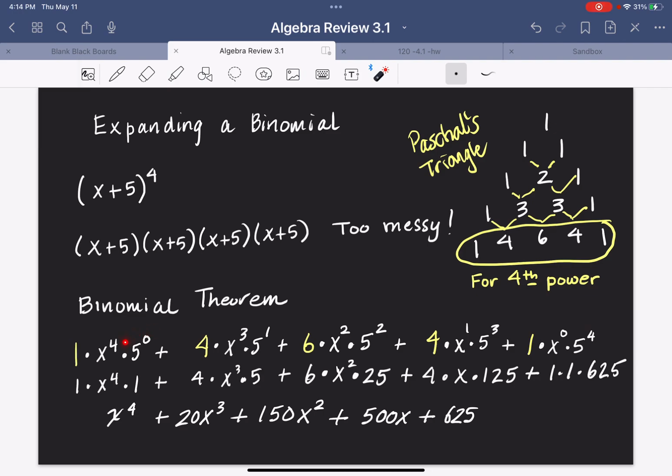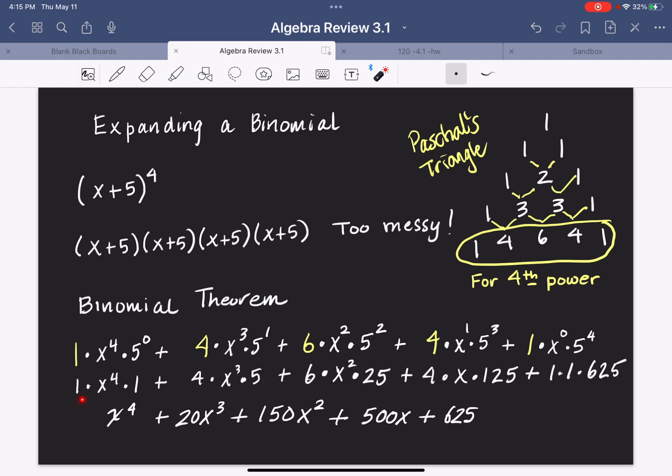Now, any number to the 0 power is 1. So 5 to the 0 is 1, and down here at the end, x to the 0 is 1. The last thing I have to do is these powers of 5. 5 to the 1 is 5, 5 to the 2 is 25, 5 to the 3 is 125, and 5 to the 4 is 625.